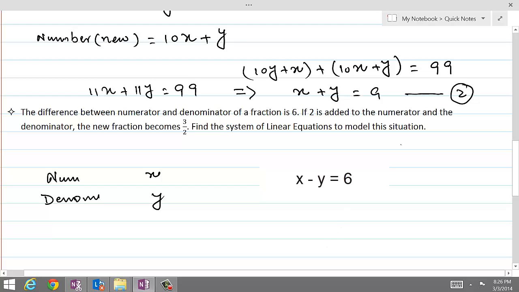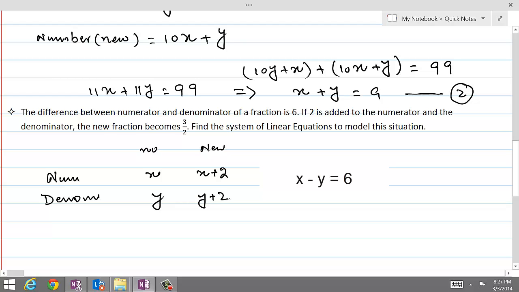If 2 is added to the numerator and the denominator, so new numbers. These were the numbers, and now the new numbers are, according to the new information, if we add 2 to the numerator and the denominator, the new numerator will become x plus 2, and the new denominator will become y plus 2.